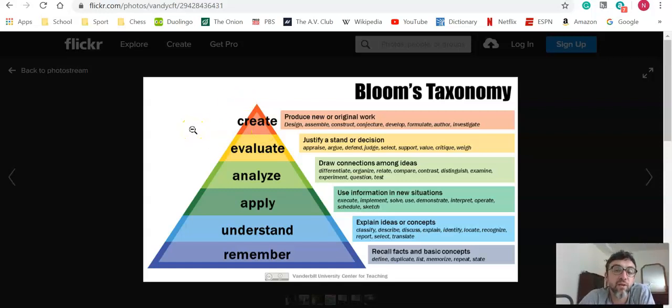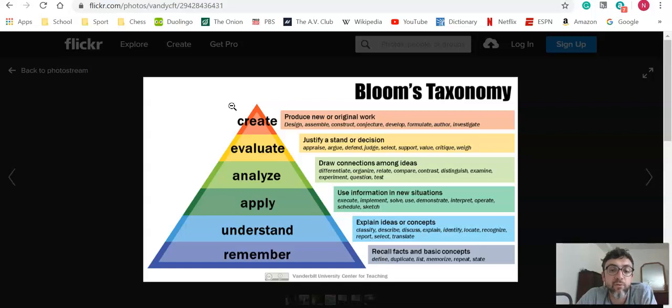One particular area, Bloom's taxonomy has just been an absolute godsend, an absolute lifesaver, when you are in the dregs of a year and things start to get a little stale.